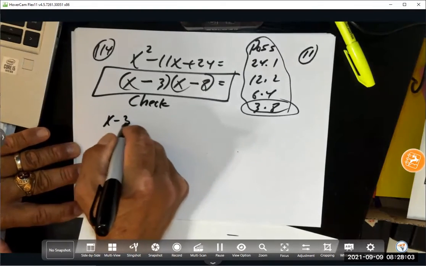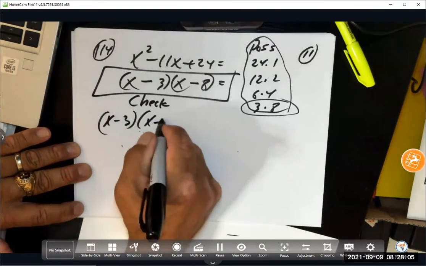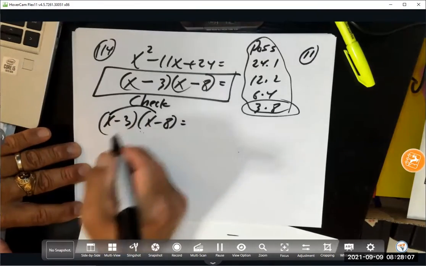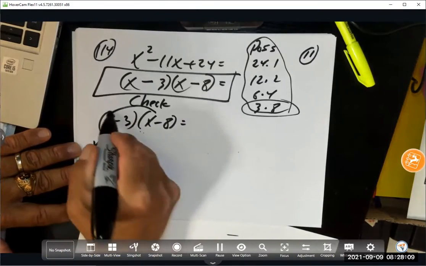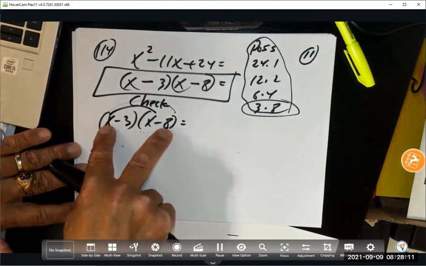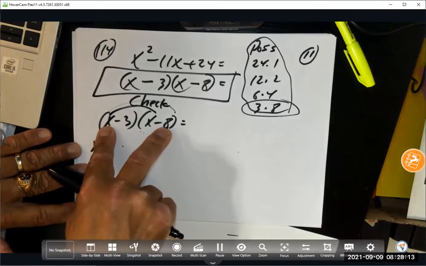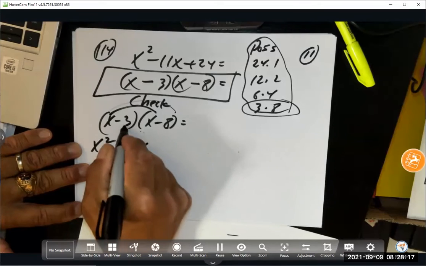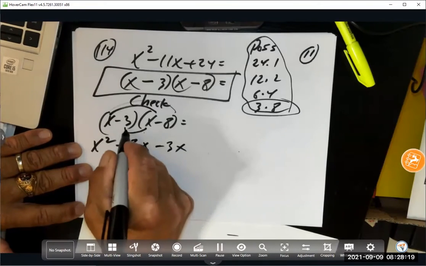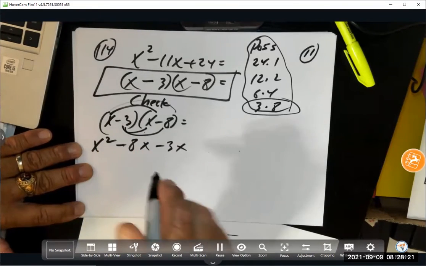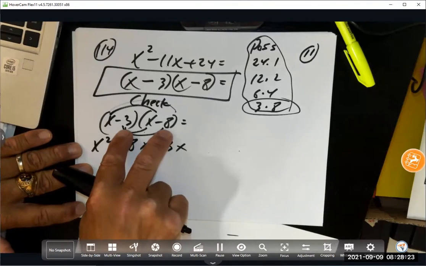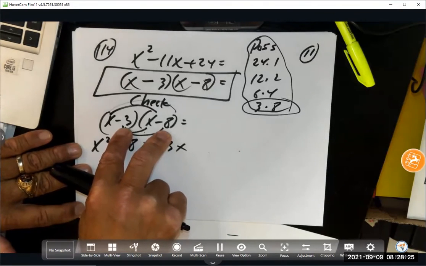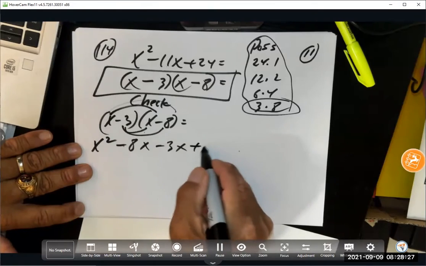So x minus 3 times x minus 8. Does that give us x times x? That's x squared. That's okay. What's x and negative 8? You tell me. What is this right here? Negative 8x. Yep. And negative 3 times x is negative 3x. And a negative times a negative is what? Positive 24. Yeah, there you go.